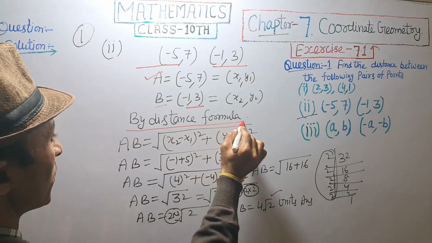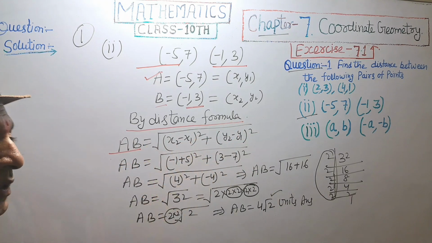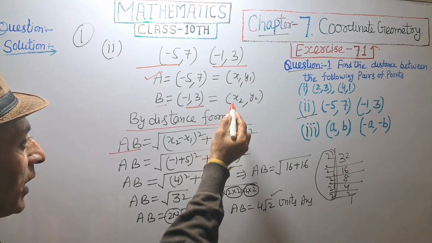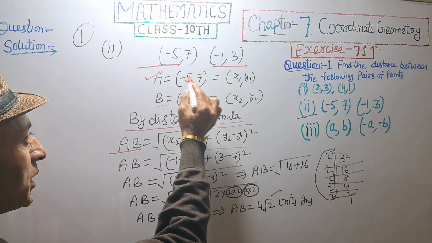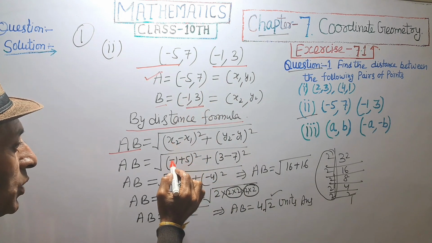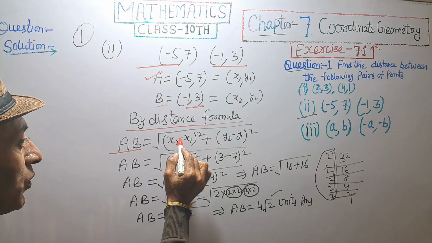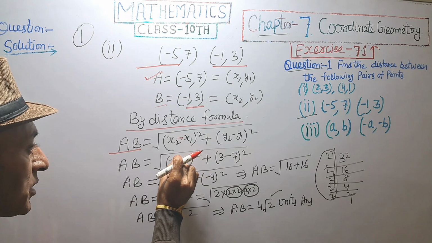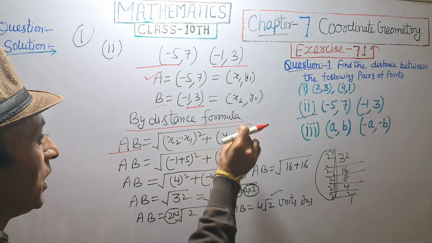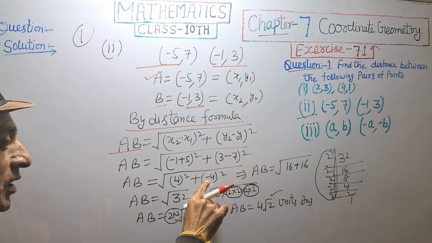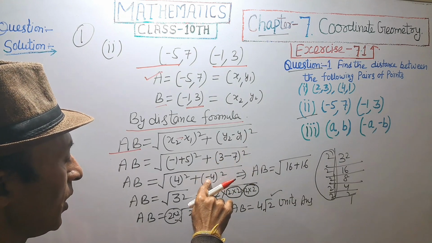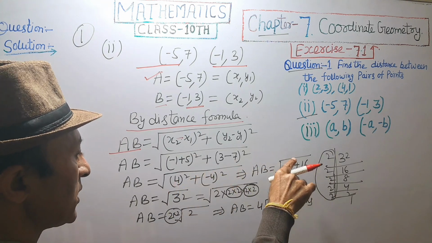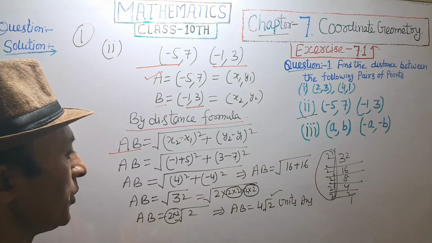Using the distance formula, AB is equal to the square root of (x2 minus x1) square plus (y2 minus y1) square. x2 is minus 1 and x1 is minus 5, so minus minus becomes plus 5. 5 minus 1 is 4 square, plus 3 minus 7 square. 7 minus 3 is also minus 4, and minus 4 square is positive 16. 16 plus 16 is equal to 32.